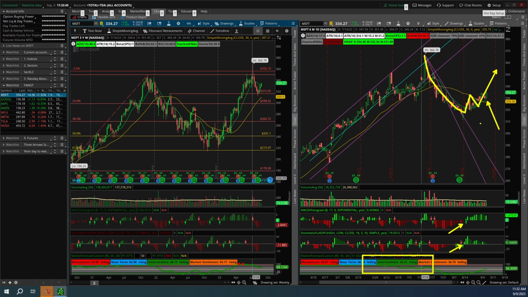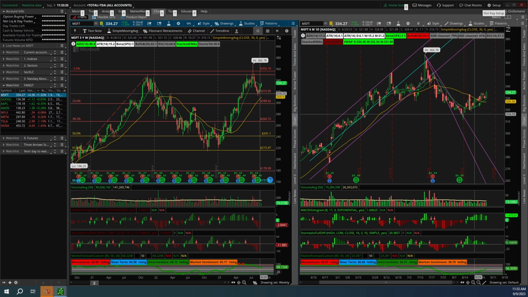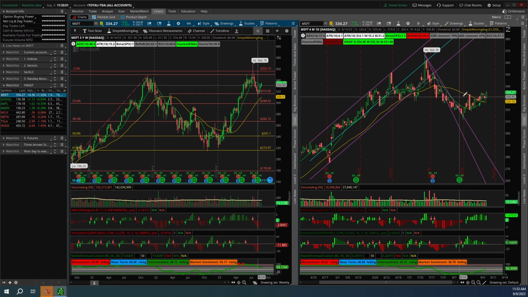Now this one is actually one of the setups that I have. So you have lower highs and lower lows, and then it moved up and then moved down, and now it's breaking that level there, potentially going to the upside. So this one is a trend reversal breakout setup, which is a good indicator that this could happen.